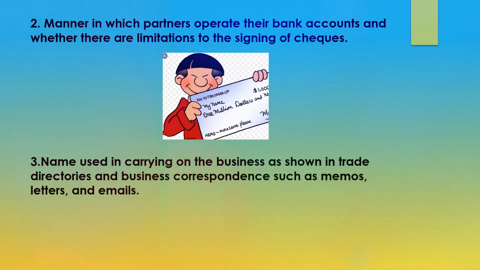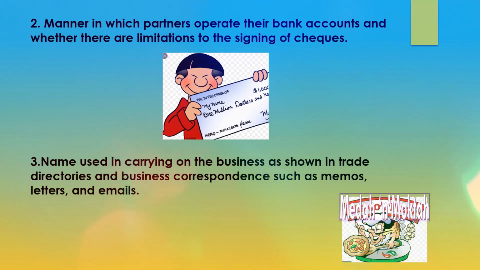Number 3, they use a special registered name for carrying on the business and it is shown in the trade directory and business correspondence such as memo, letter and email.